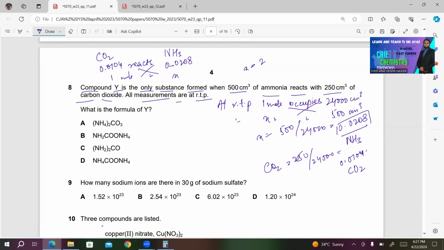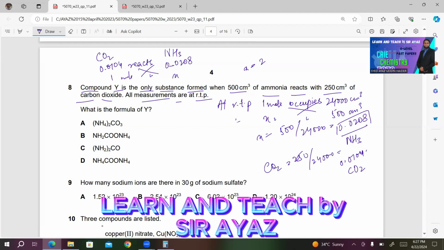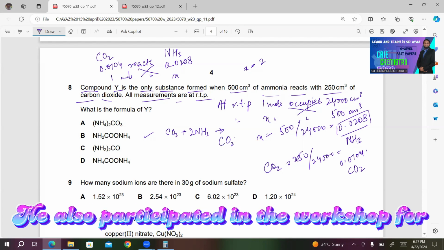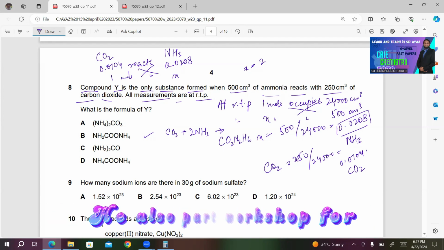So if you look at the choices, only choice B seems to have 1 mole of carbon dioxide reacted with 2 moles of NH3, because the compound has CO2, N2, H6. So this looks correct to me.